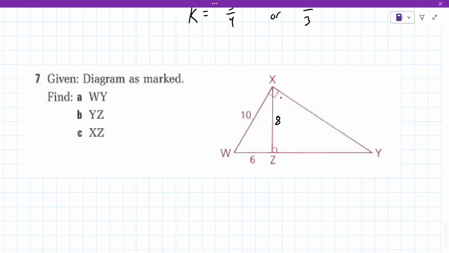Now, the next thing I'll say here is that there are 3 triangles in this image on the right. They give you everything in the small triangle. Then there's this medium triangle to the right where you only know the short leg.